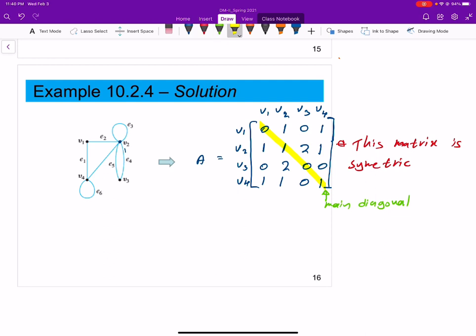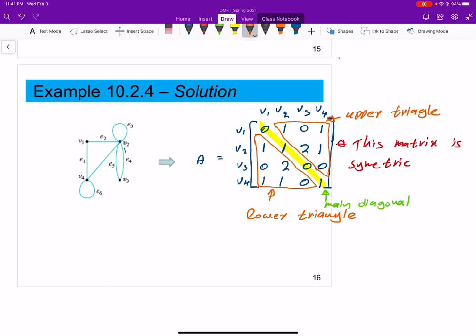Now you can see it is symmetric. This is the upper triangle and this is the lower triangle. They are symmetric.